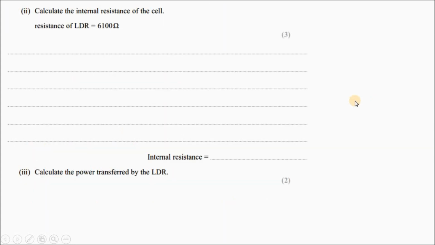Calculate the internal resistance of the cell. Resistance of LDR is 6100 ohm. So you know that E is equal to V plus Ir. Since E in the previous part we have 0.97 volt and V terminal potential difference 0.47.